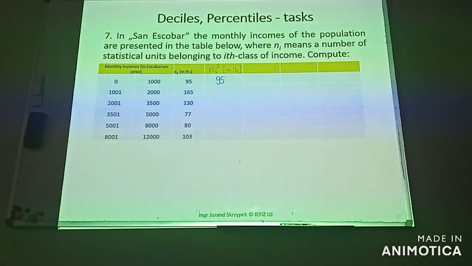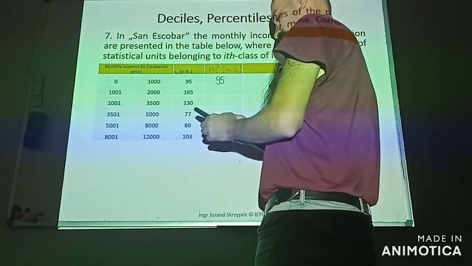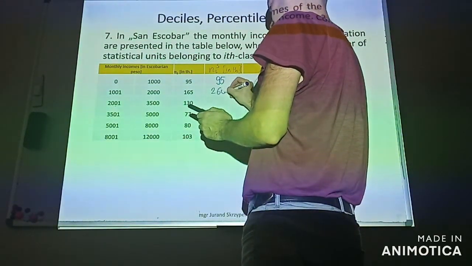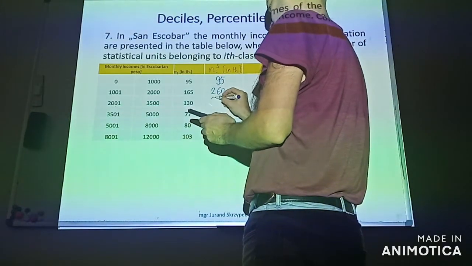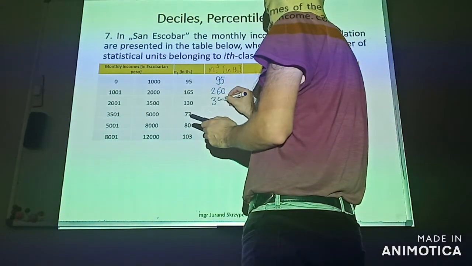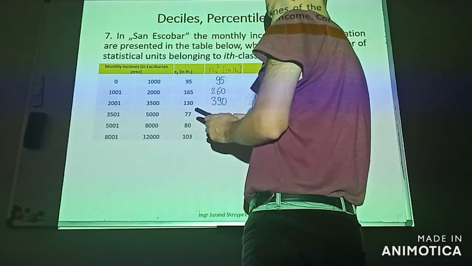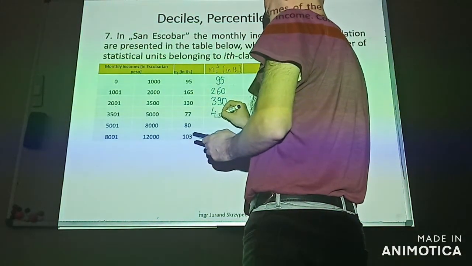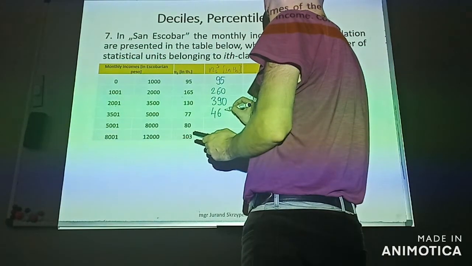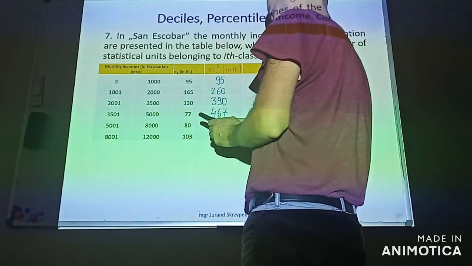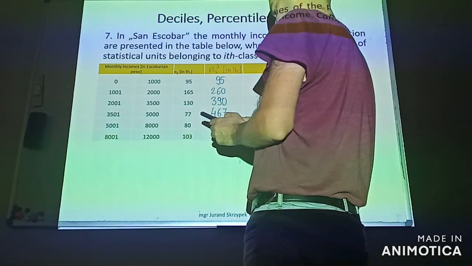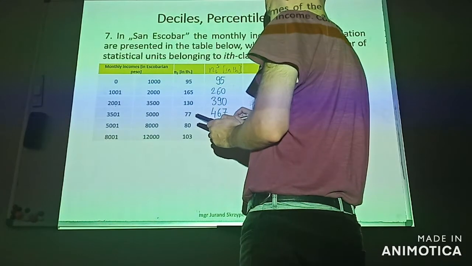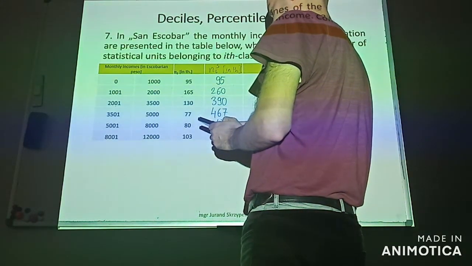The next one is 95 plus 165, 260. Here we have 390 plus 77. It will be 467. 467 plus 80 is 547, and of course we can check it out.